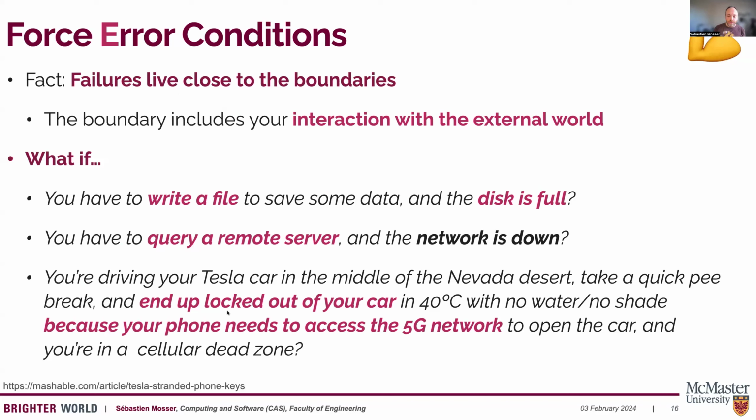Or this one is pretty interesting. Tesla had this amazing key on your phone, and basically there's a guy who almost died because of this, because he stopped in the middle of the desert just for a quick break, and the car locked because that was a longer break than expected. But because there was no access to the 5G network, the guy was not able to open his car, because the phone needs to go through the network to connect to the car.